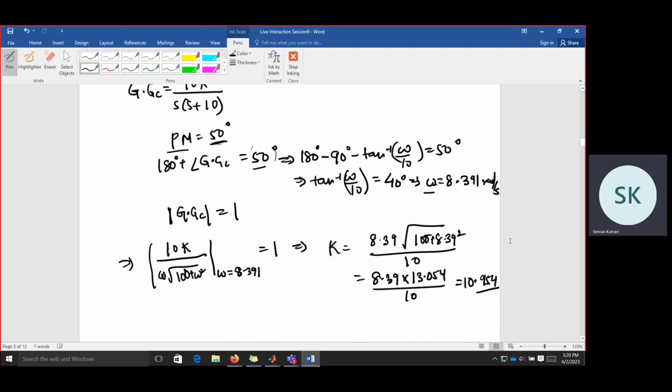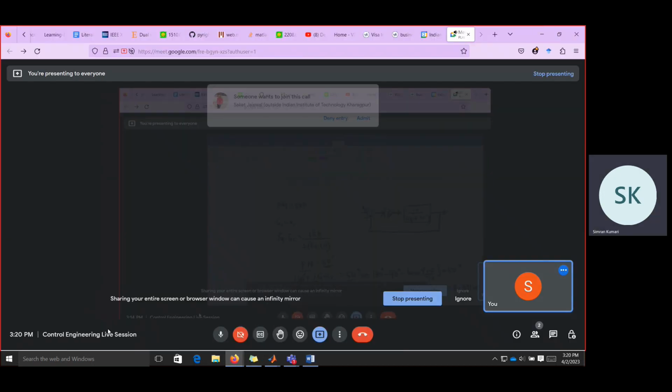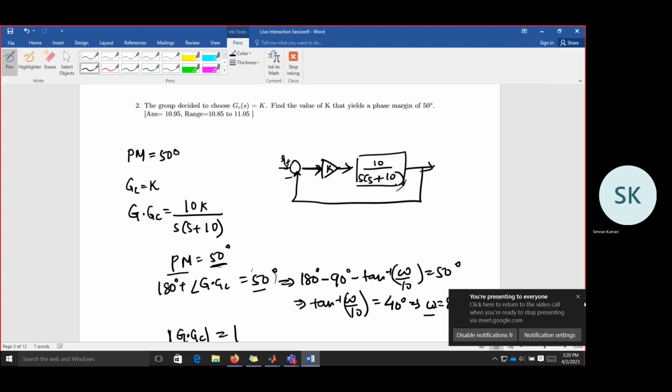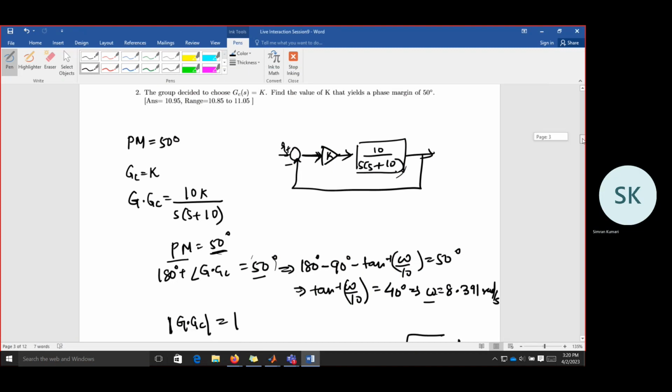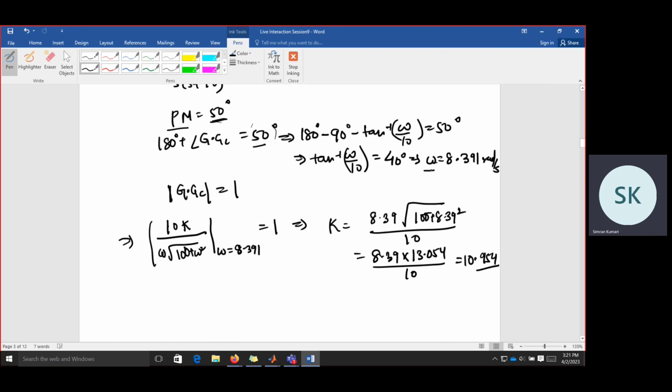So this is the value of K, and if K is chosen as this, then the phase margin becomes 50 degree, and the frequency at which this is happening, or we can say the gain crossover frequency, is 8.391 radian per second.